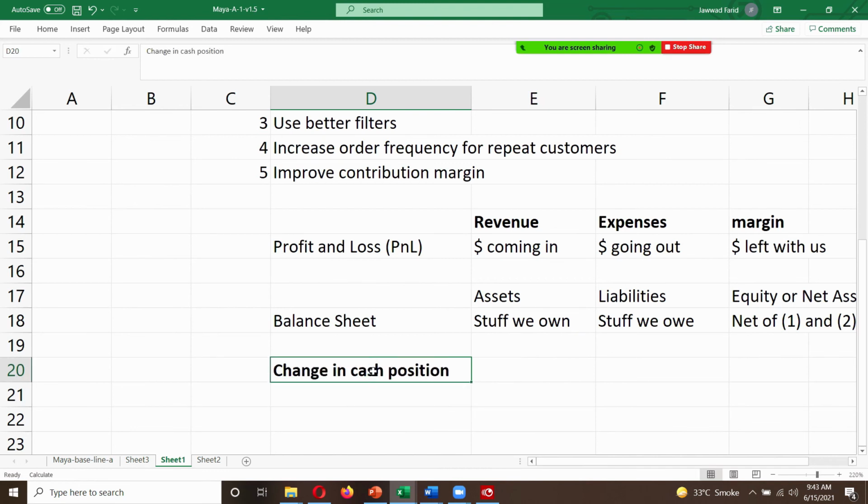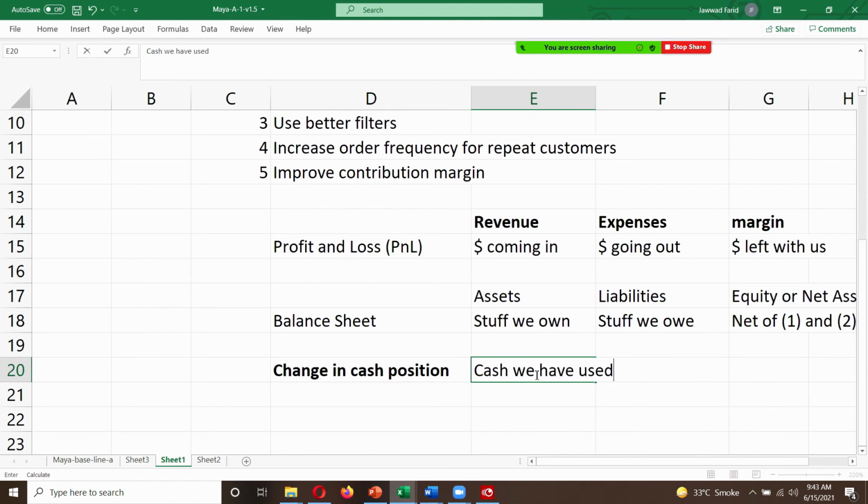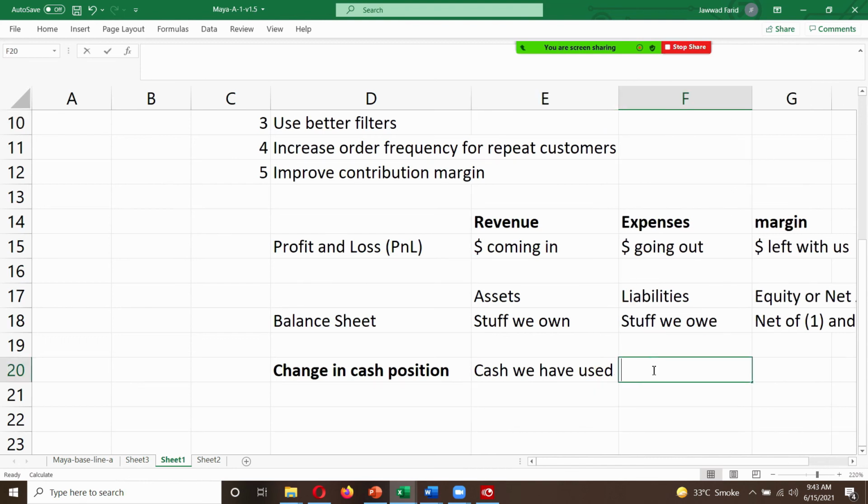Right? So change in cash position is what? Cash we've used, cash we've received, and net change in cash.